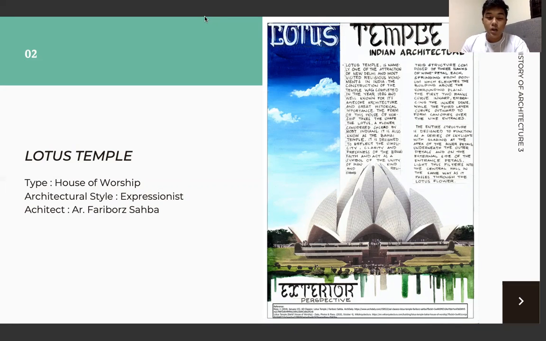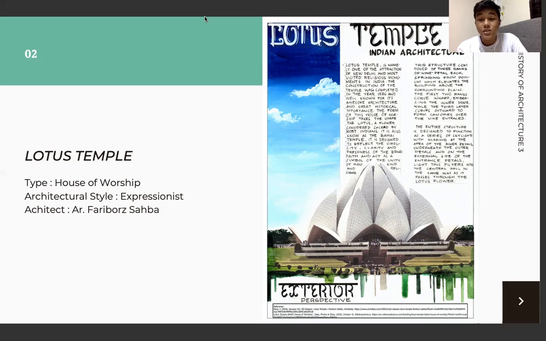In architectural characteristics, this structure is composed of 3 ranks of 9 petals, each springing from a podium, which elevates the building above the surrounding plane. The first 2 ranks curve inward, embracing the inner dome, while the third layer curves outward, forming the 9 entrances.